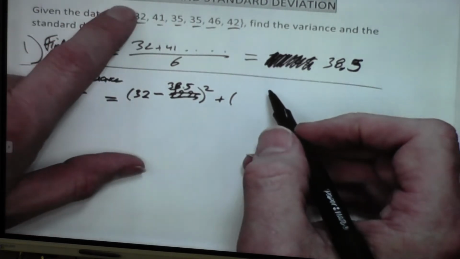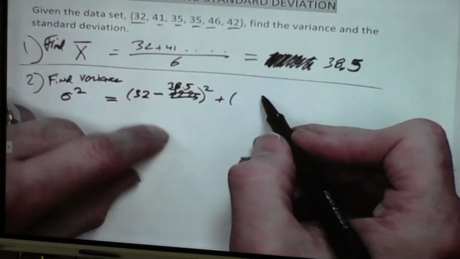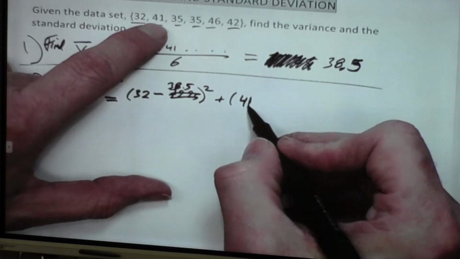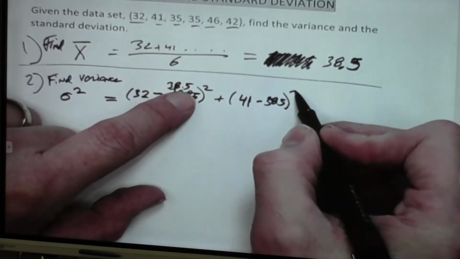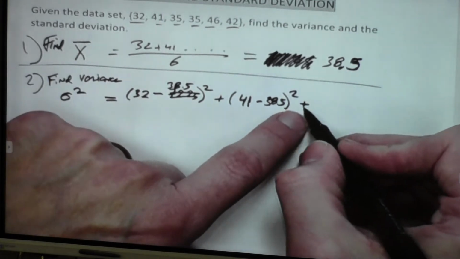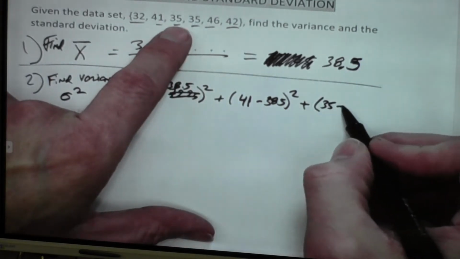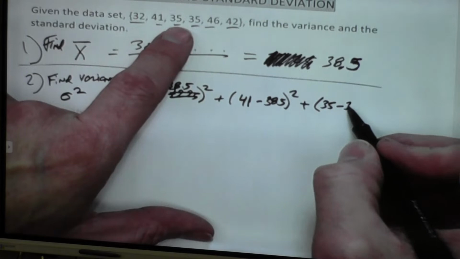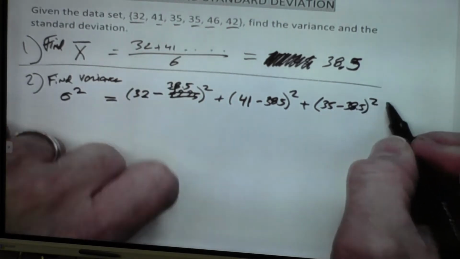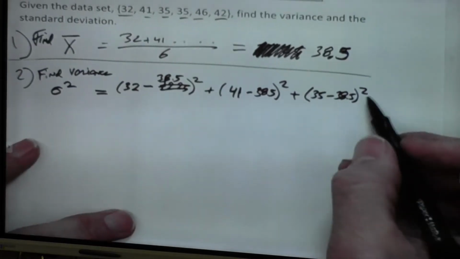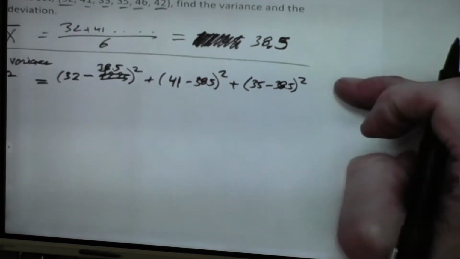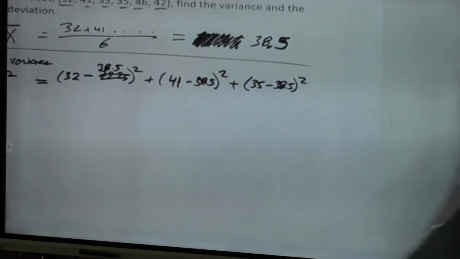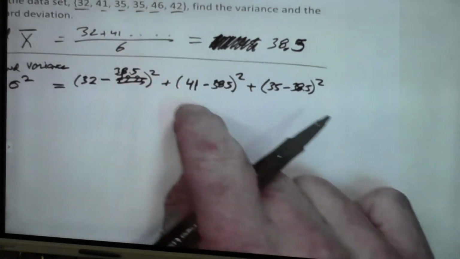So I'm taking the first number and subtracting the mean. The second number, subtracting the mean, 38.5, squaring it. The next number, 35, subtract the mean. I'm going to do the other 3 in a second, but maybe we'll talk about something. If I had the room, I would write all 6 here, put a line underneath, and divide by 6.